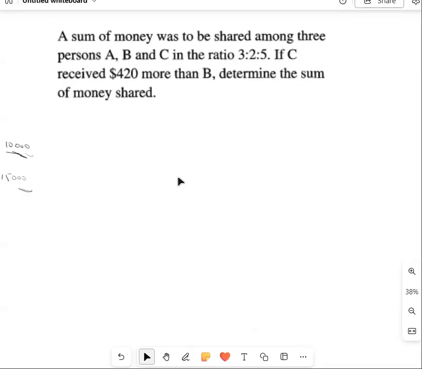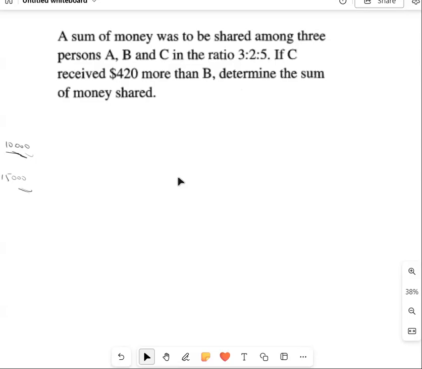They say a sum of money was to be shared among 3 persons, A, B, C. They didn't give them names. And the money is to be shared in a ratio 3 to 2 to 5. Notice that they didn't tell you how much money is to be shared. They're asking you that.